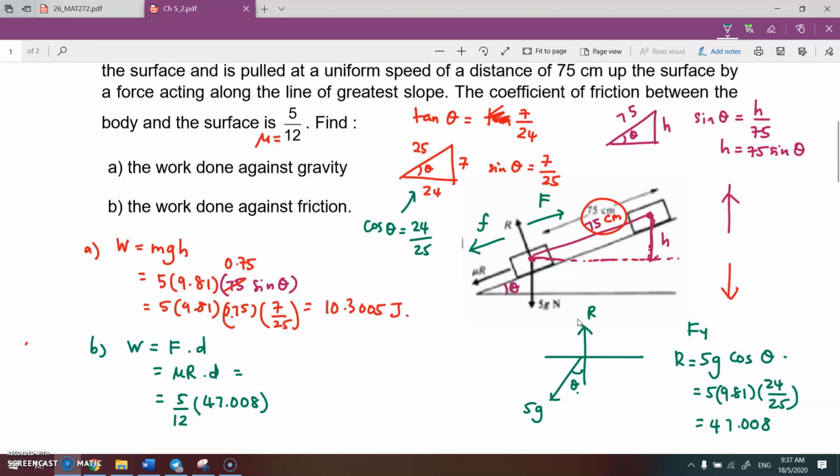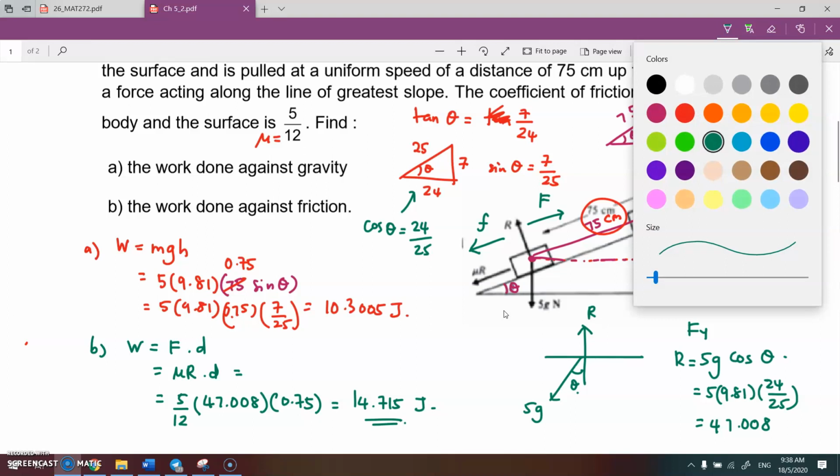The distance is 75 centimeter, so it should be changed to meter: 0.75 times 5 divided by 12. So my answer is 14.715 joules. This is the final answer.